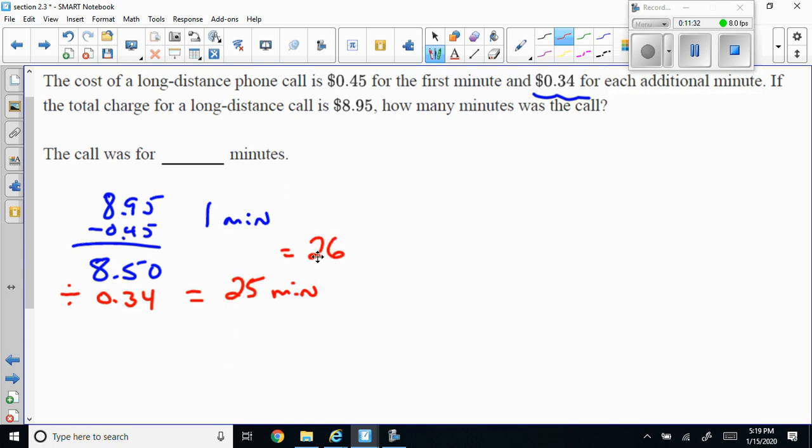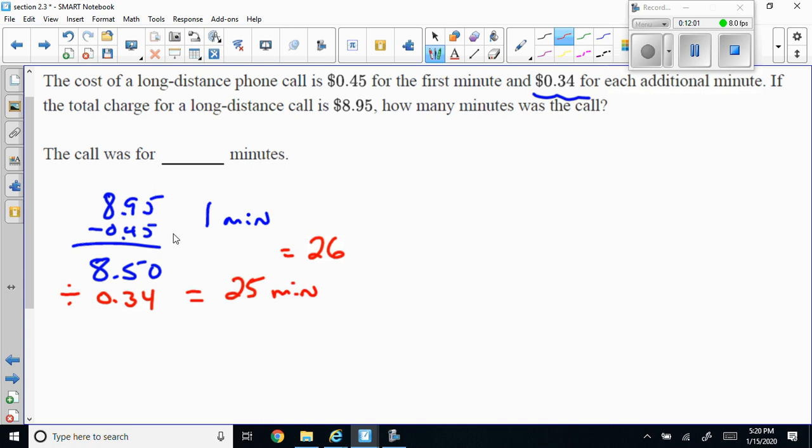Oh, I forgot about that 1 minute that cost something else. It was at a different rate, but what was my balance? $8.50. That was at how much? 34 cents. Right, we took that 1 minute off right here.